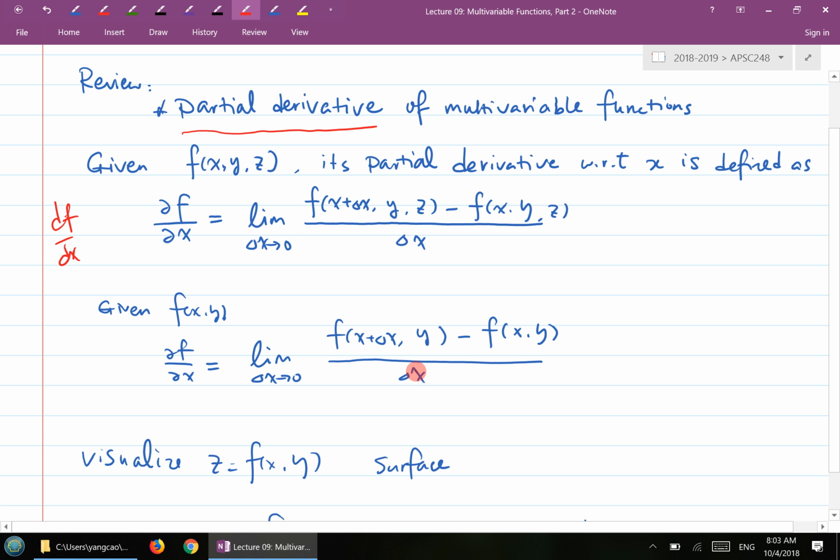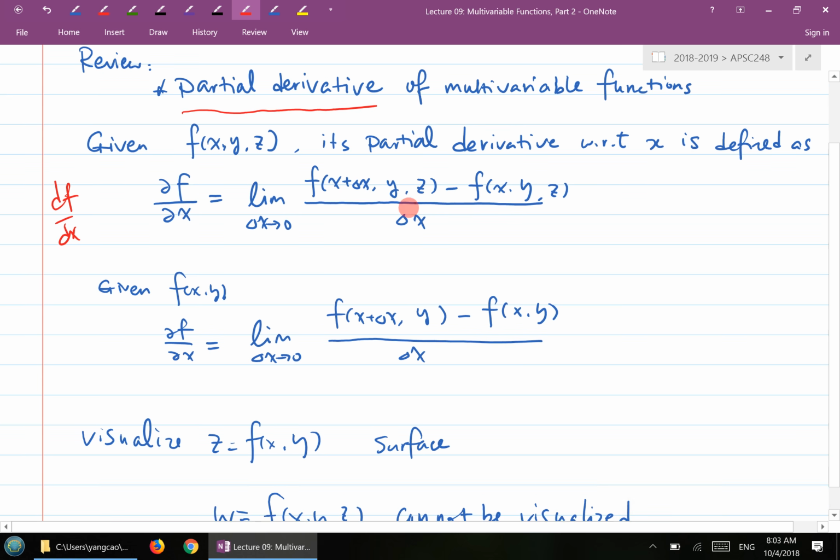Now let's take a look at the actual computation of a partial derivative, with three examples. But before we move on, let's look at the way the partial derivative is defined. Essentially you increase your x by a small quantity delta x, so x plus delta x.